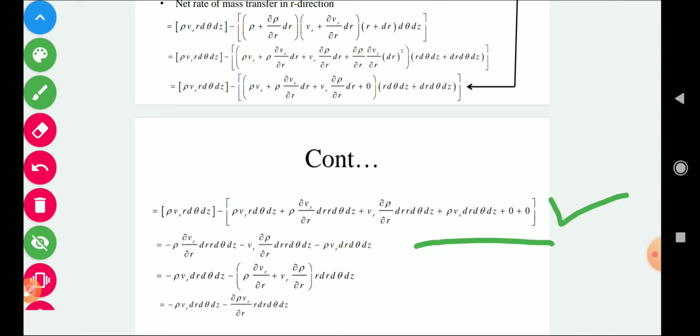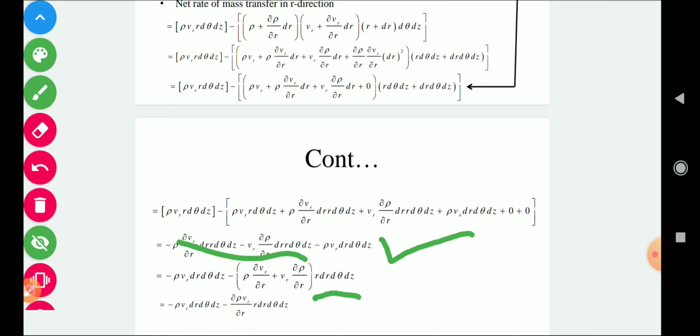Now if we further simplify this equation, these two terms will be cancelled out because one term is positive and the other term is negative, and finally we are left with these three terms. Now if we combine these two terms, because they have r dr d theta dz as a common term, we get this equation.